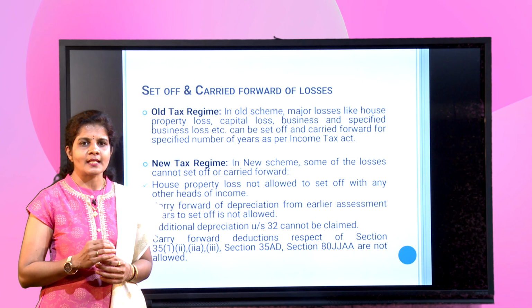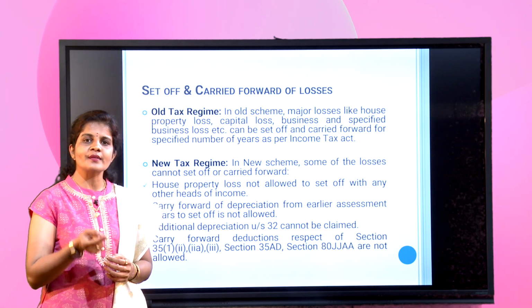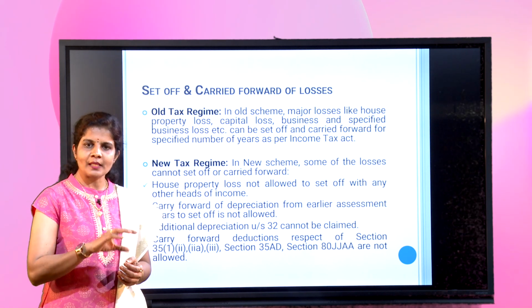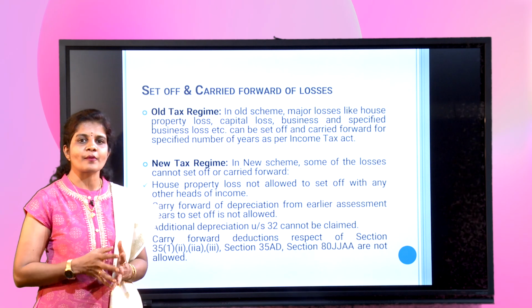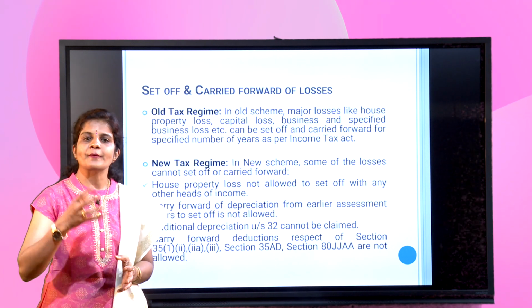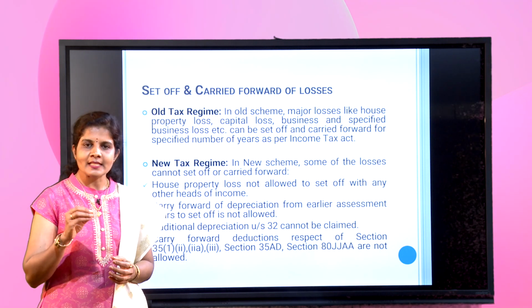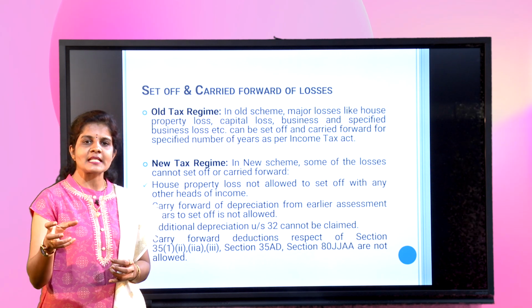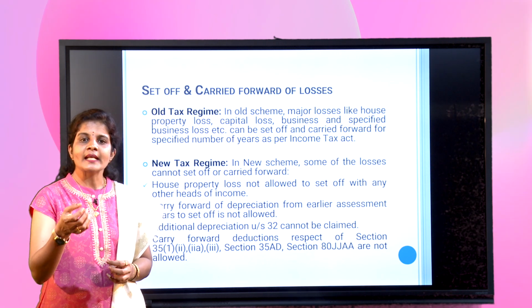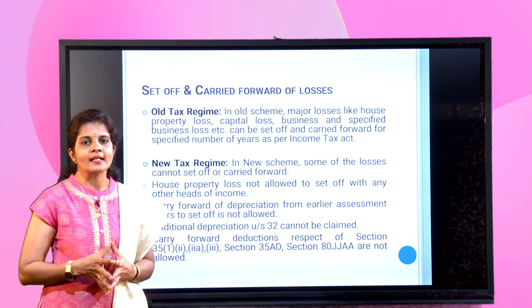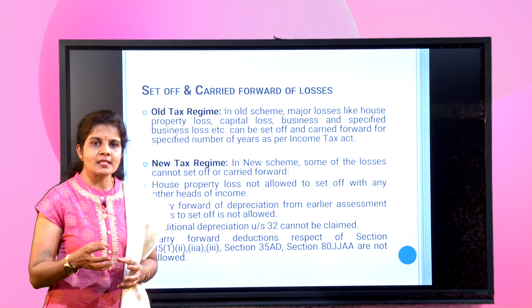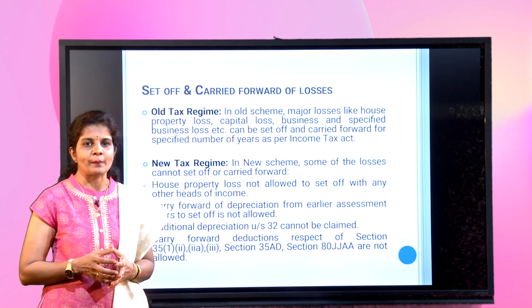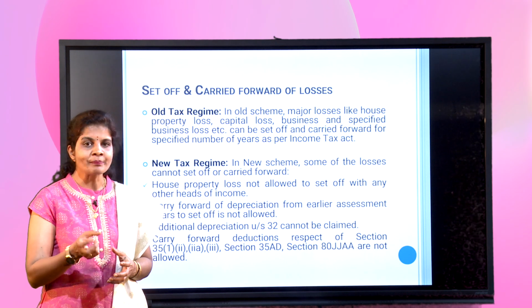If that is the case, the loss incurred from house property can be set off against the profit from business or profit from capital gain. In this way, a loss from business can be set off against income from house property. Set off means adjustment.